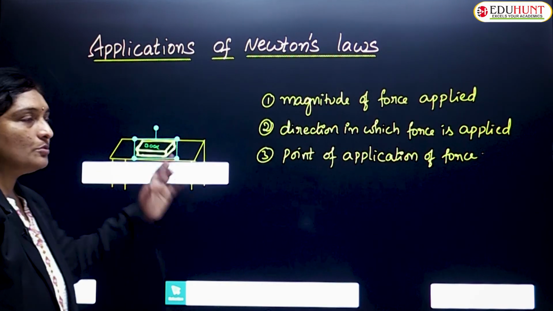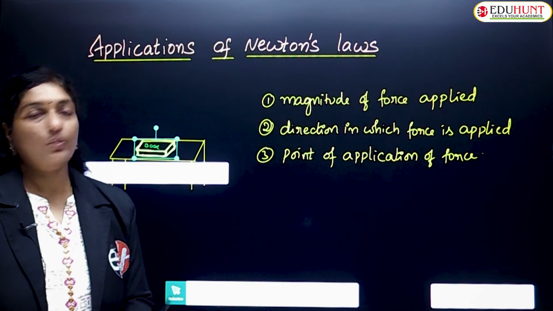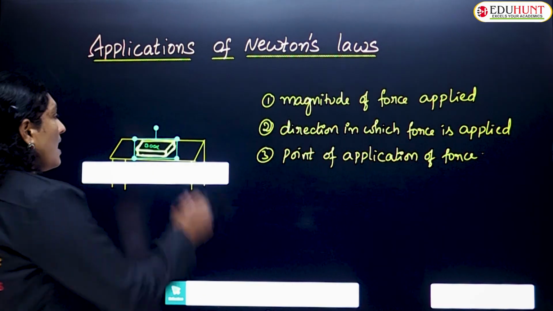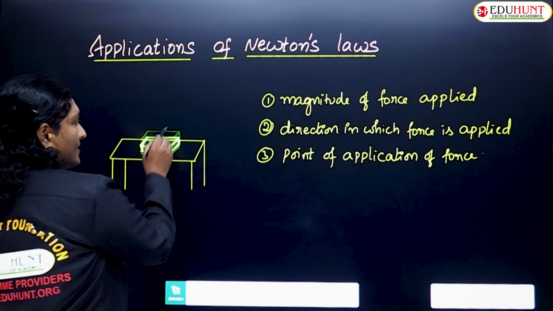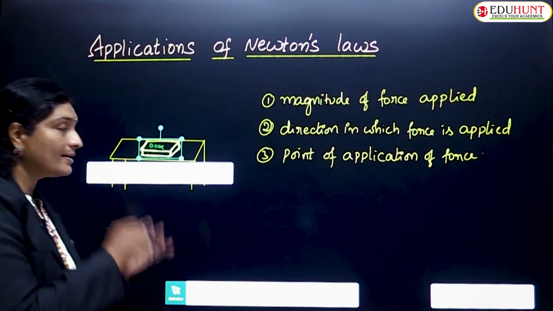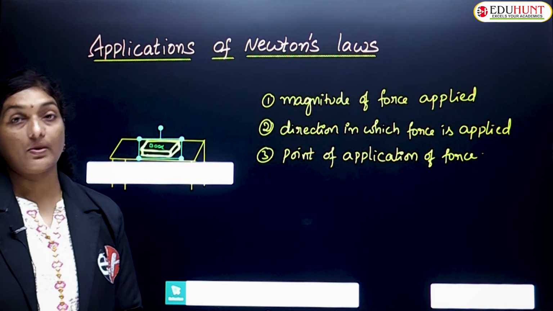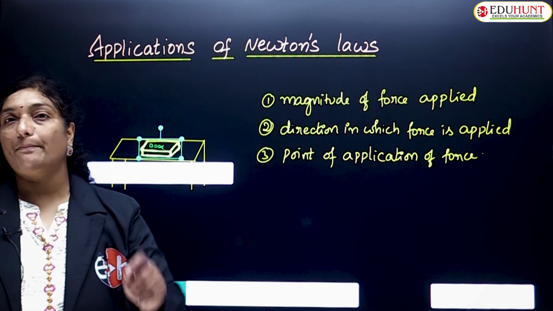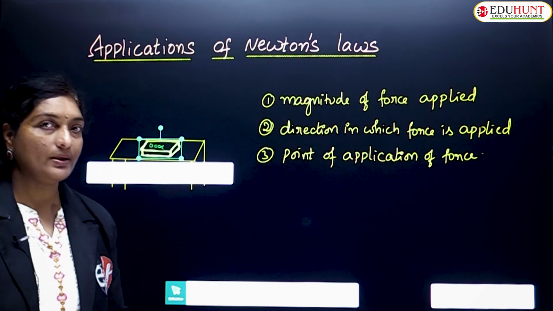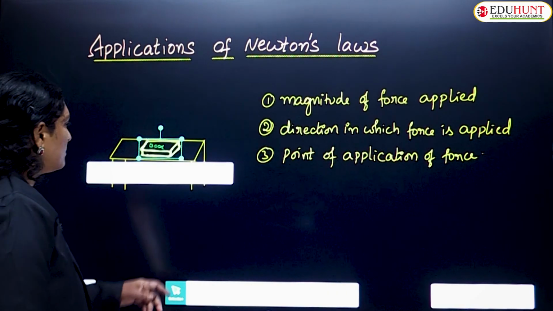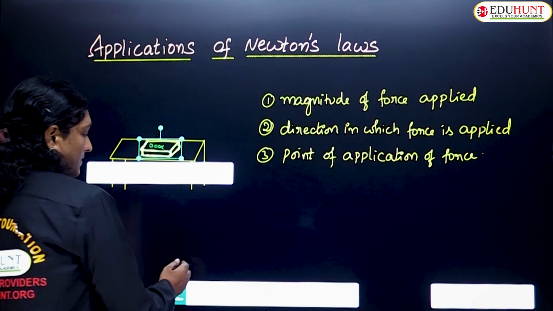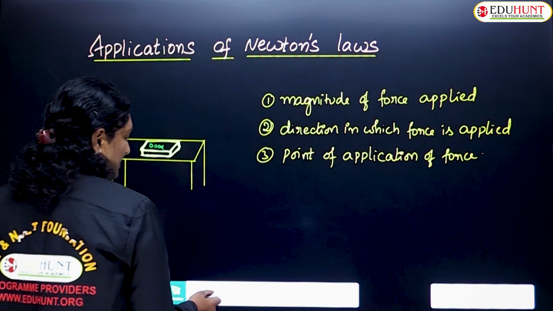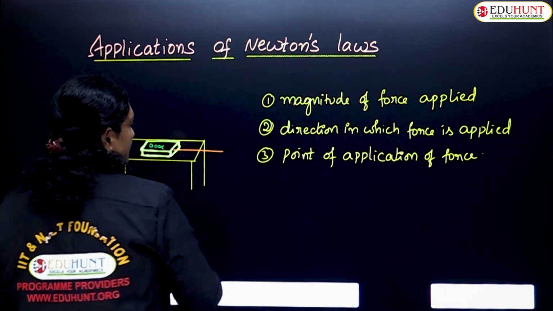In order to make this book move, we need to apply a force. A force can be applied directly on the book to set it into motion. That is direct application of force. The force can even be applied indirectly. What does indirectly mean? Suppose a string is attached to the book, something like this.